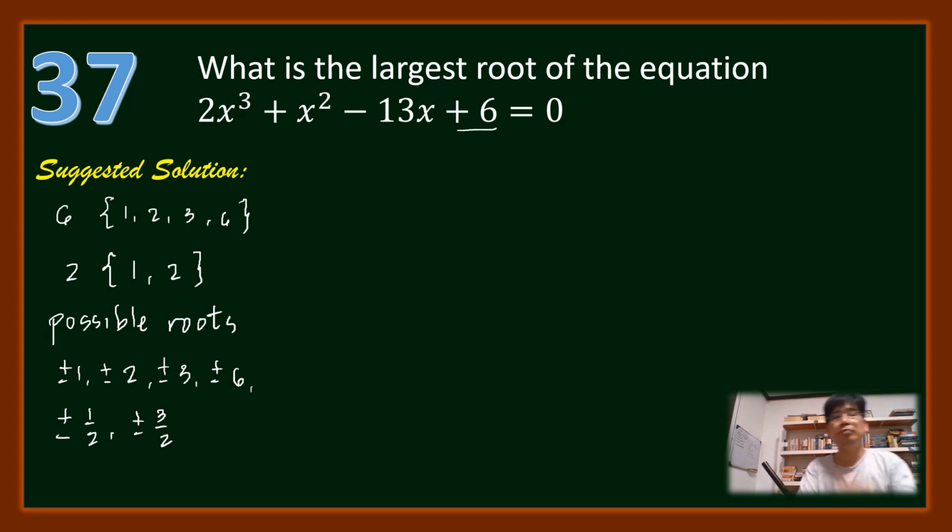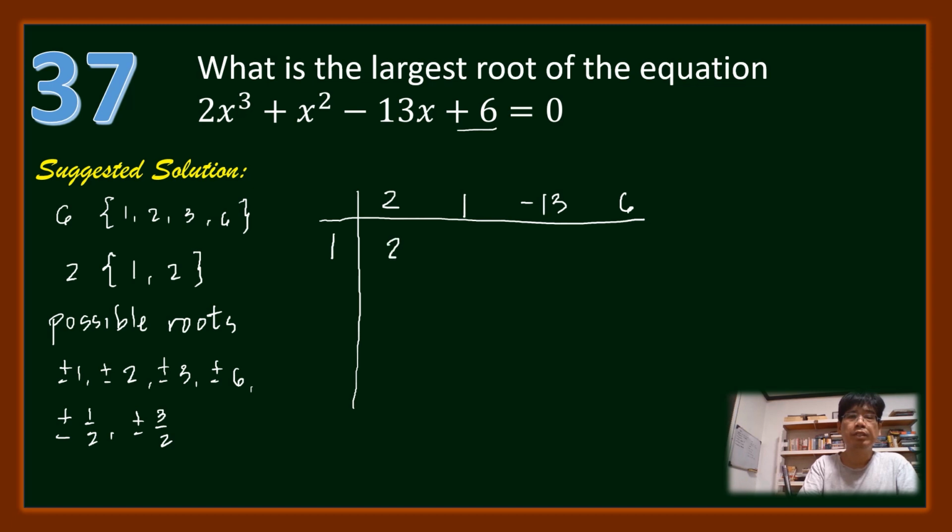Now, to find which of these possible rational roots are actual roots of the given equation, we will use synthetic division. So we have 2, the coefficients of the terms in the polynomial equation, 1, negative 13, and 6. Let us begin with positive 1.